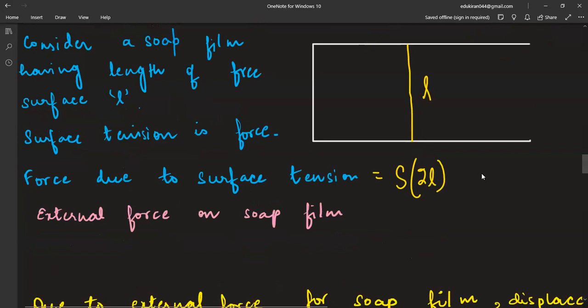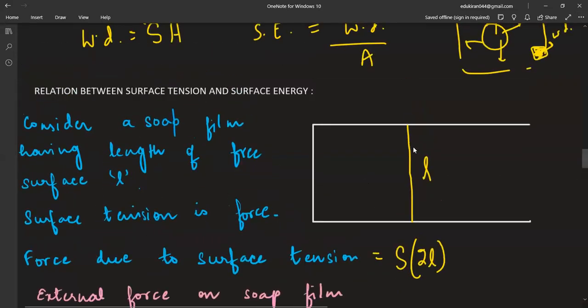Now, the external force on the soap film will be equal to this force due to surface tension, right? Now see what will happen. External force will pull this, and some displacement has occurred.